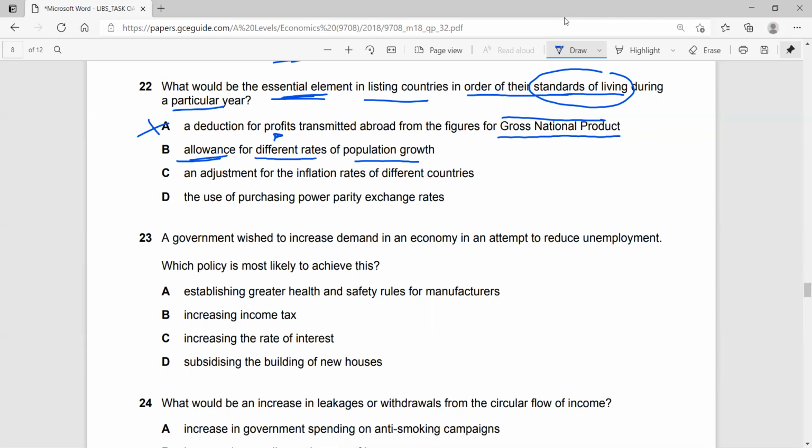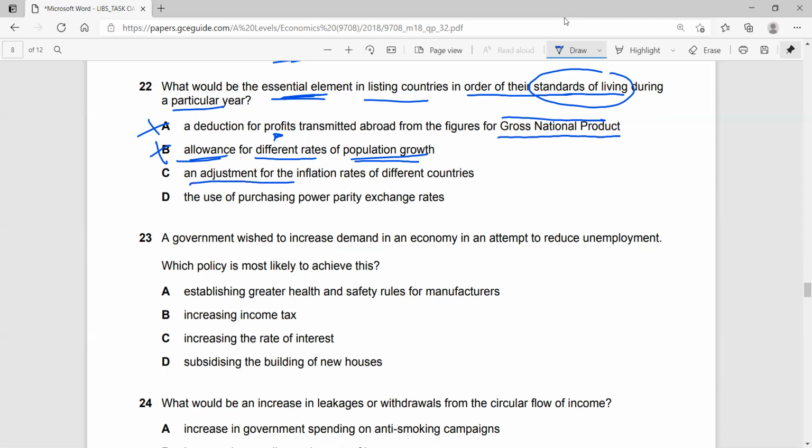As a general trend, developing countries do have a higher rate of population growth, but that's not the essential element you can use to say this country has a higher standard of living, this country has a lower standard of living. Some countries might have higher rates of population growth, but still be able to better feed and clothe their population than countries with smaller populations.